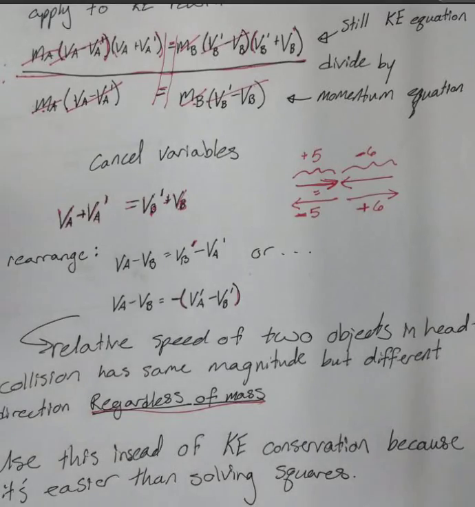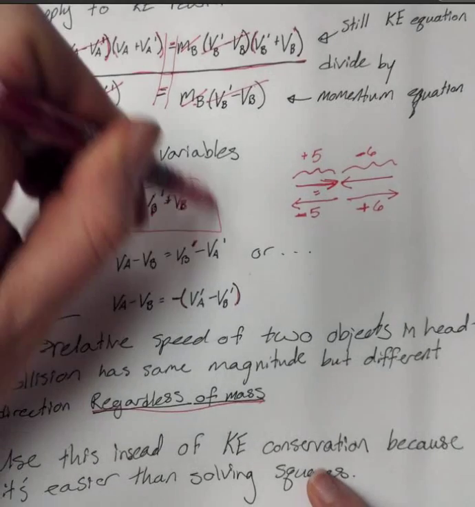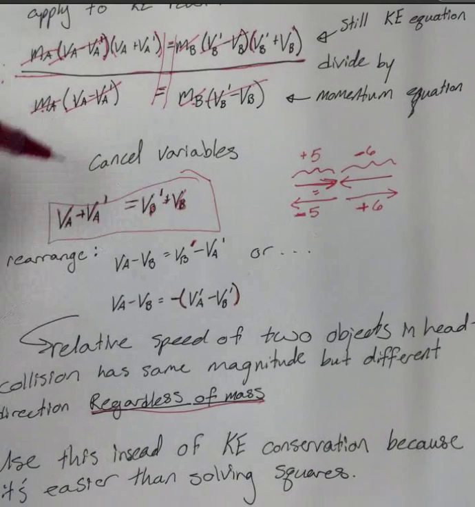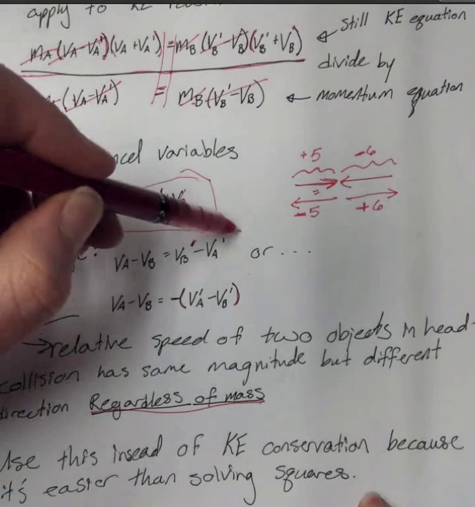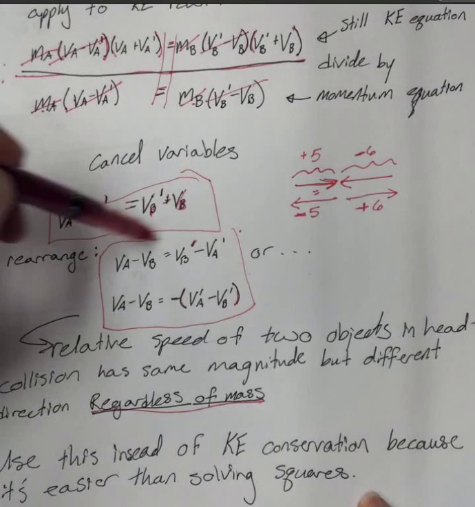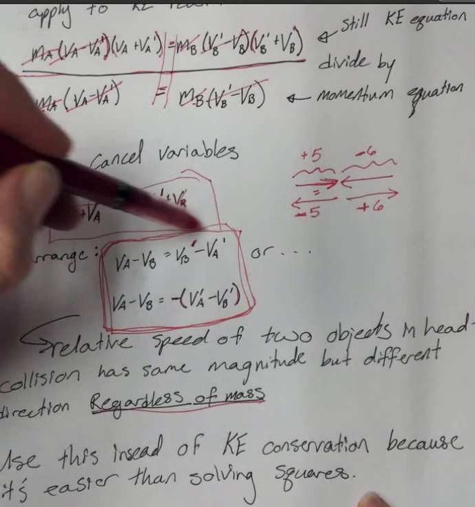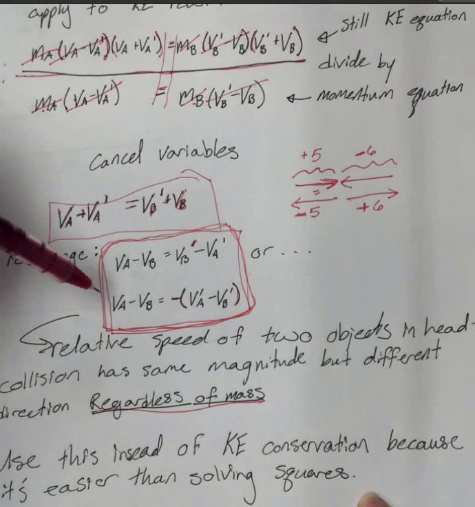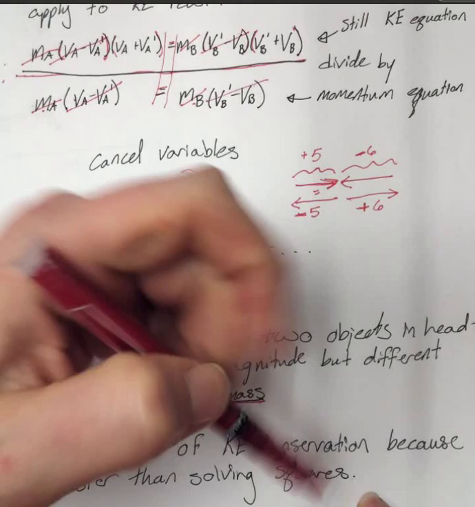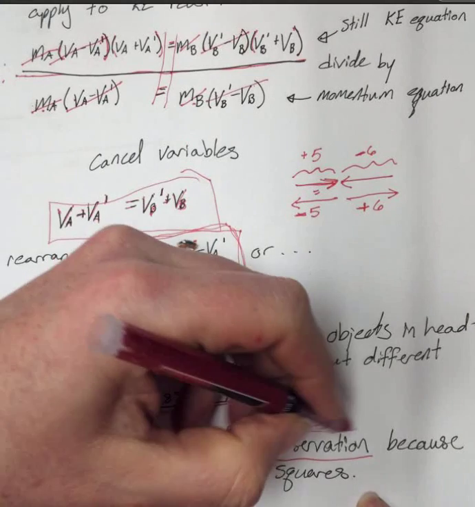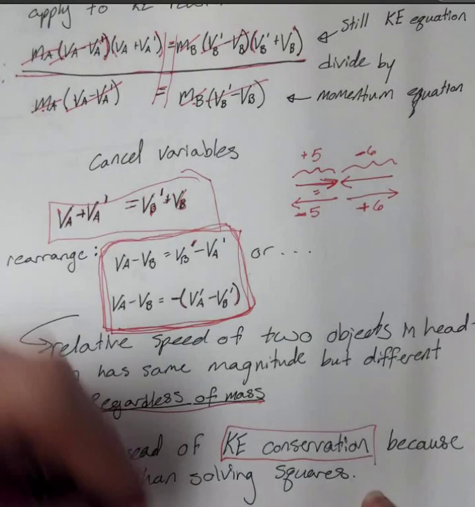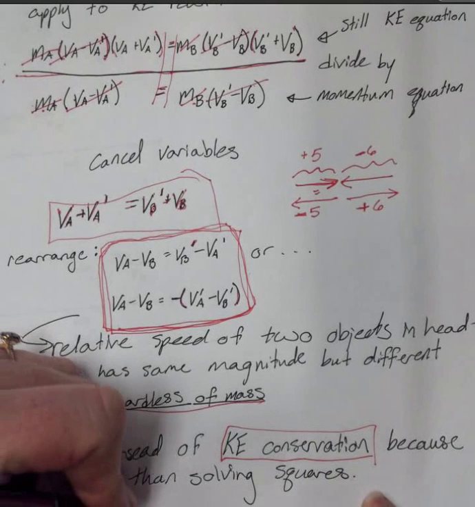This is really nice, and what you could do is once you derive this equation, you can remember it, or you can rederive it. And if you can remember this equation, remember it's not given to you on the equation sheet, then you can use this in place of the kinetic energy conservation, because kinetic energy has squares in it, right? 1/2 mv squared.